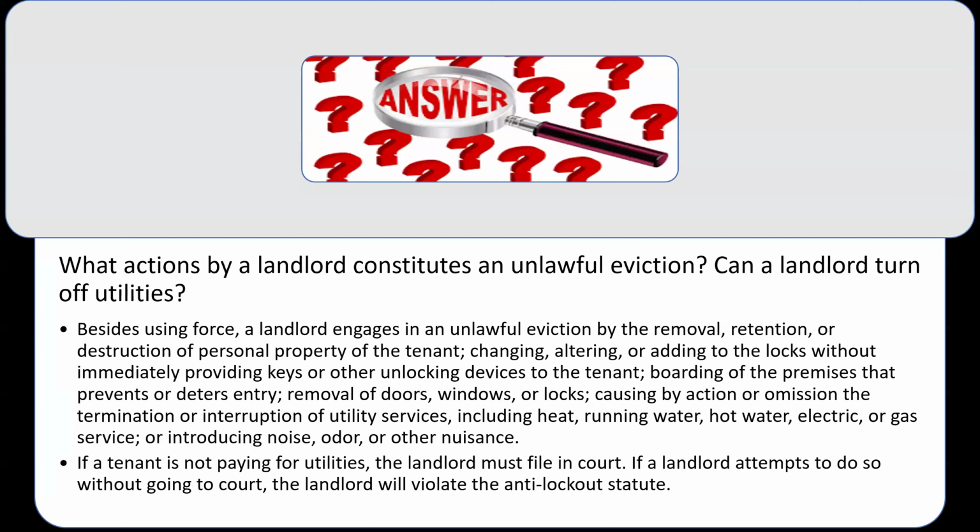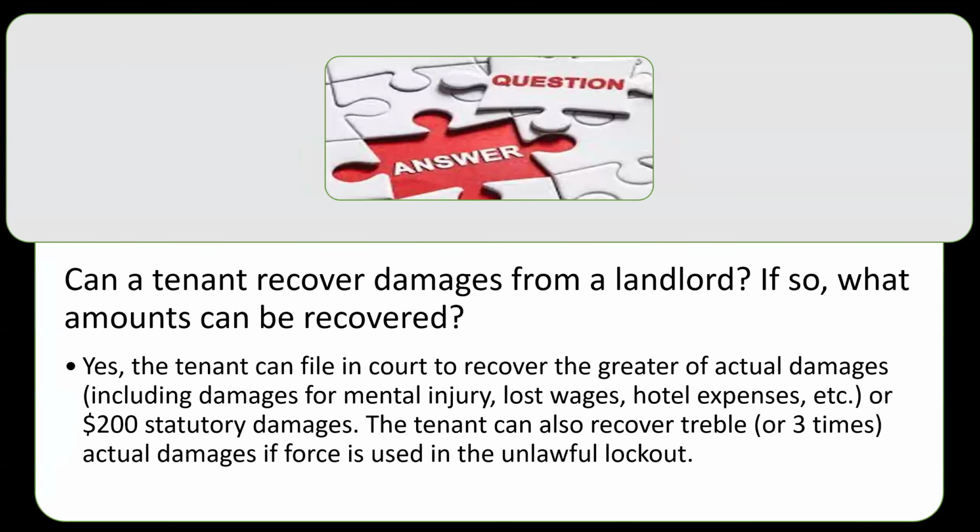If a tenant is not paying for utilities, the landlord must file in court. If a landlord attempts to do so without going to court, the landlord will violate the anti-lockout statute.